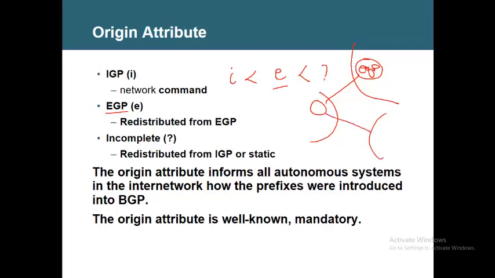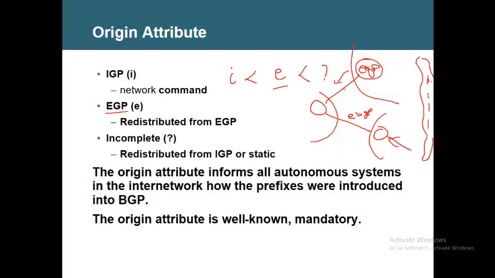The other neighbor is an EBGP neighbor. Now this EBGP neighbor is advertising a network 1.1.1.1.